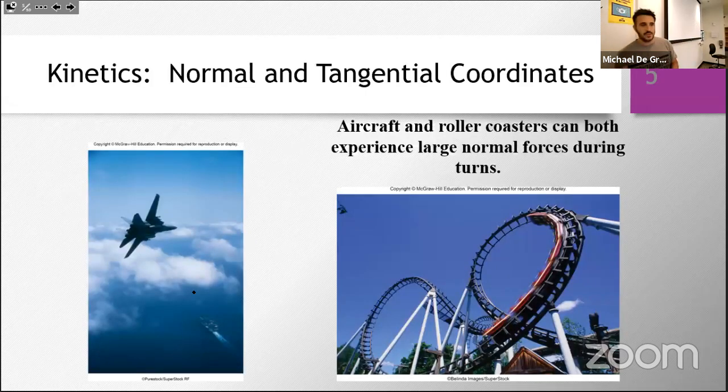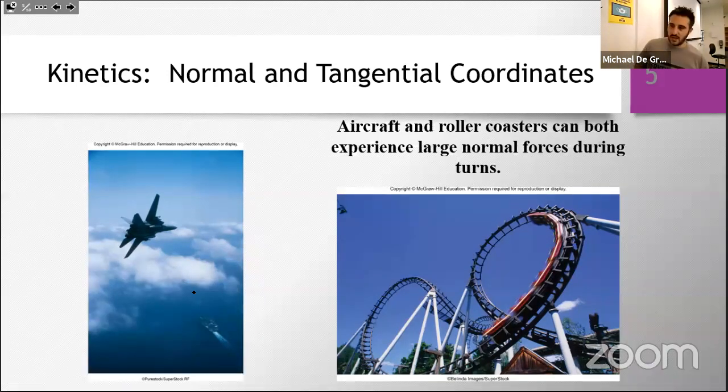We talked about normal and tangential coordinate systems when we did kinematics, right? These are typically used for systems that run on a fixed path, a fixed circular path.